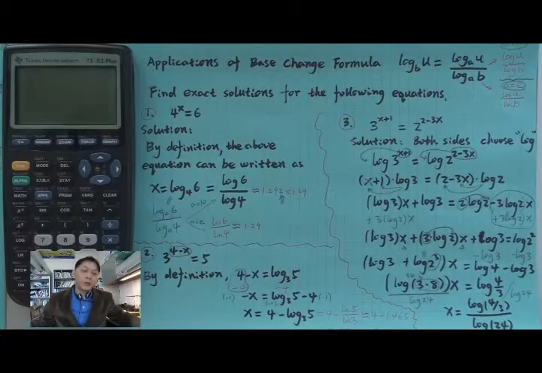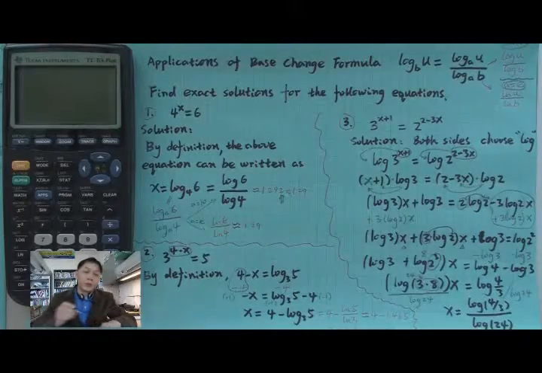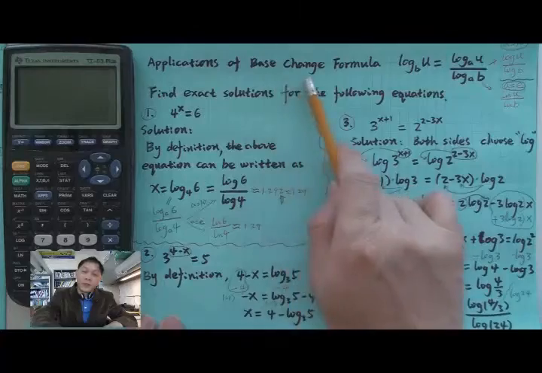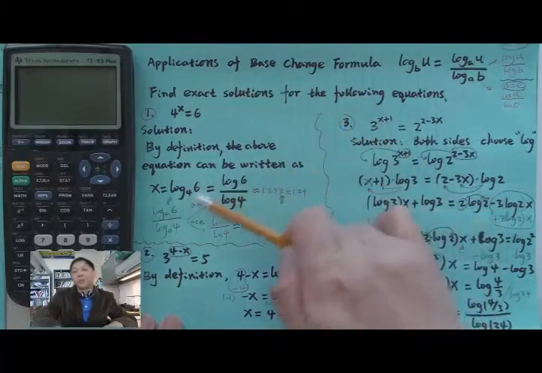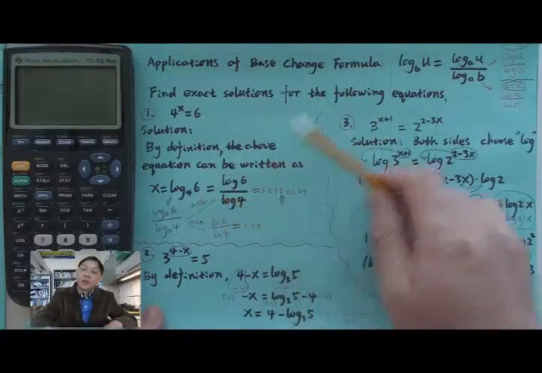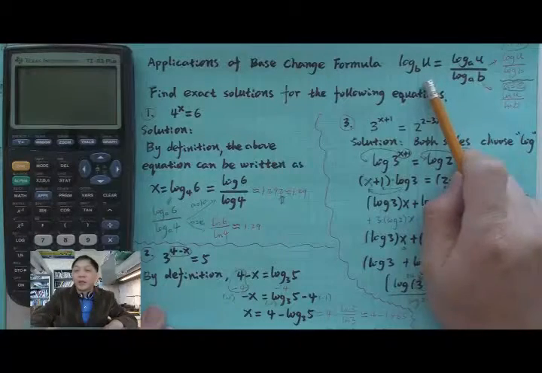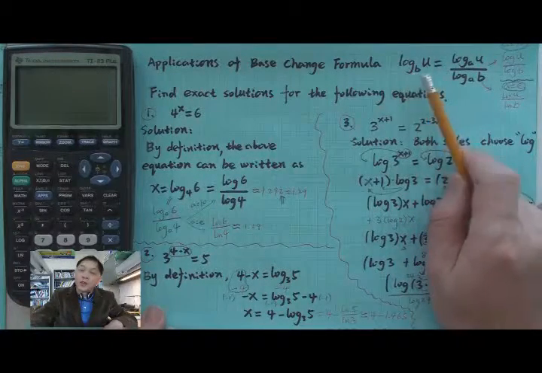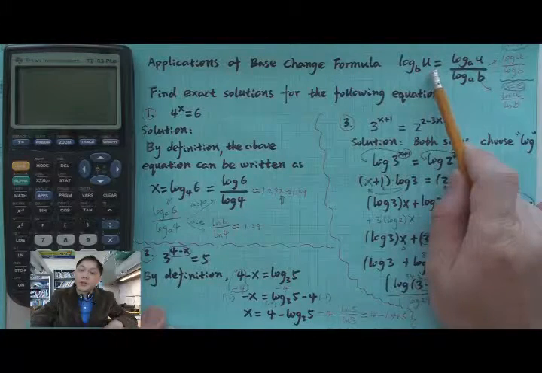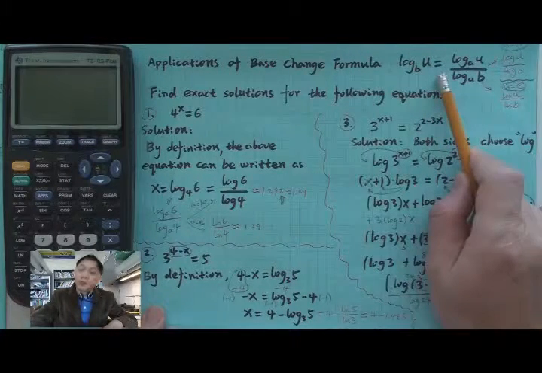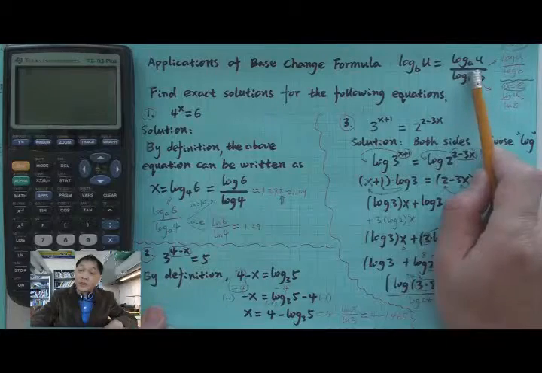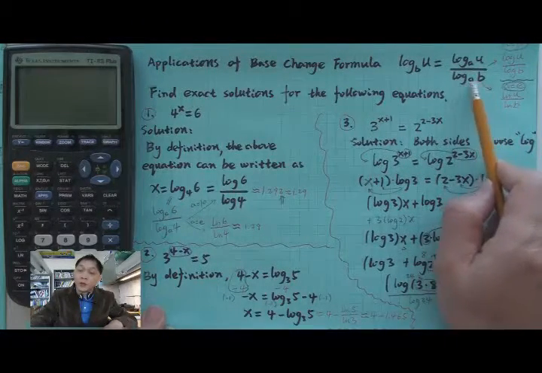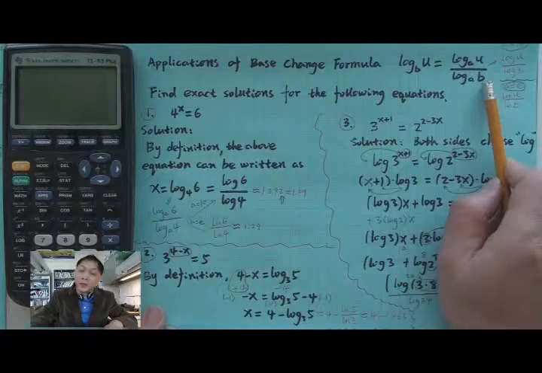In this lecture, we will talk about applications of base change formulas. See, this is the formula. This one says that log base b to the u equals log base a to the u divided by log base a to the b.